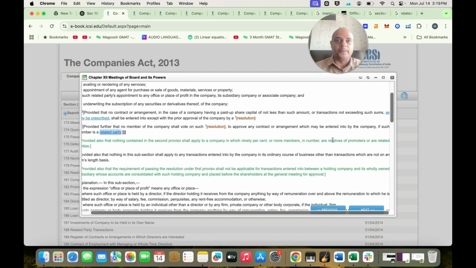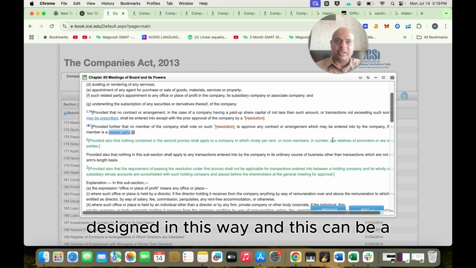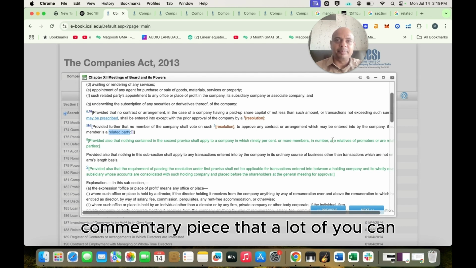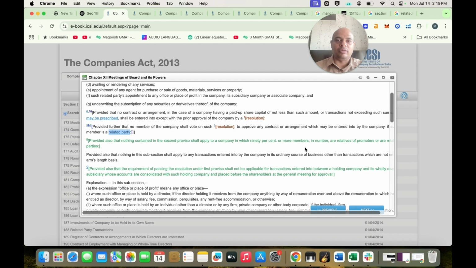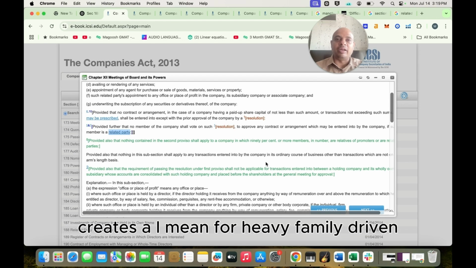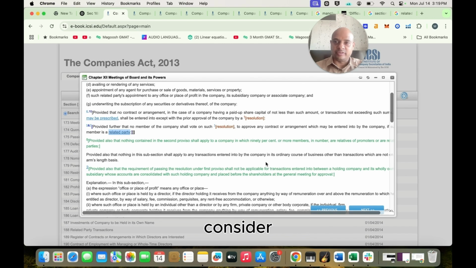That can be a scenario. So I'm not sure why the law is designed in this way. And this can be a commentary piece that a lot of you can pick and choose to write about, of how this kind of creates for heavy family driven companies, it is a red flag to consider.